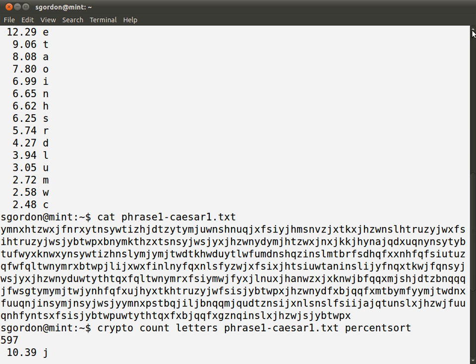Maybe not the same, but we'd expect the most frequent letter to be E, and then T and A, maybe in a slightly different order. But what we've got in the ciphertext is J, Y, N. Does that give us any information?